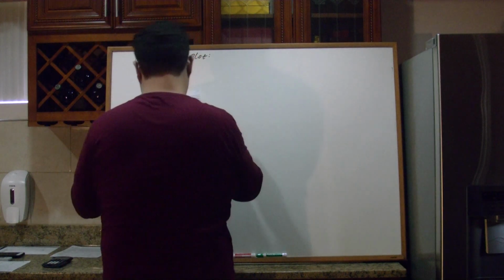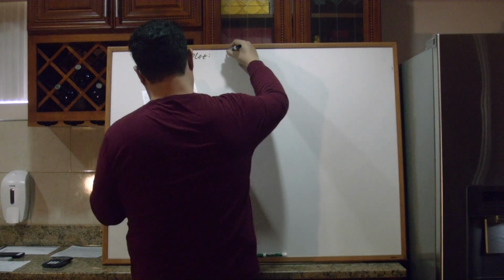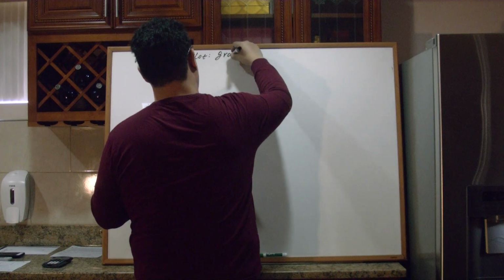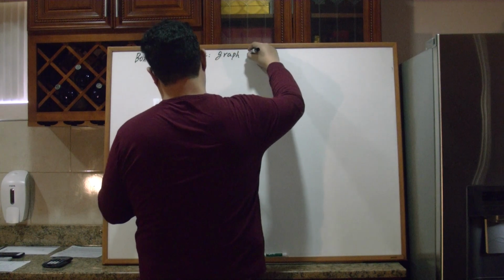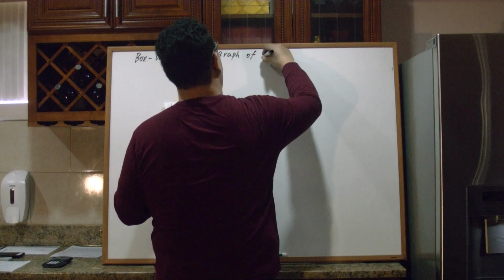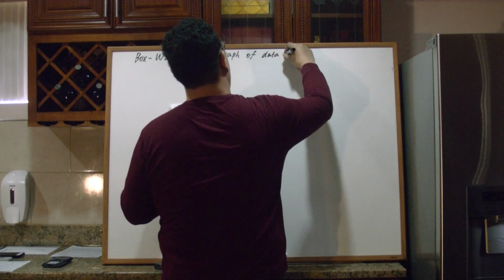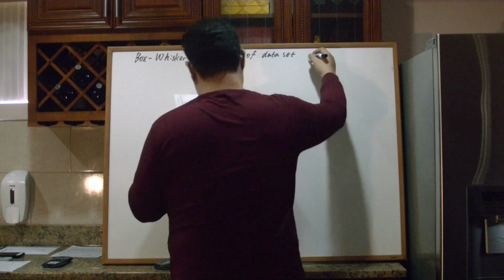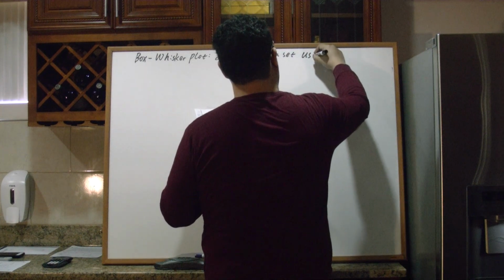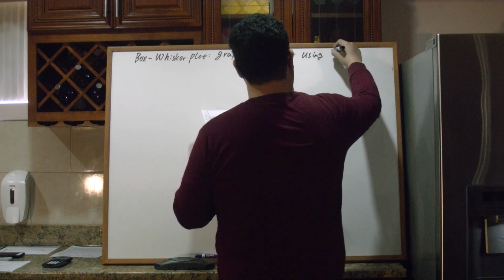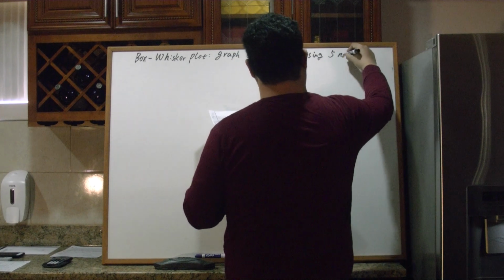The Box-Whisker Plot is a graph of a data set using the 5-number summary.